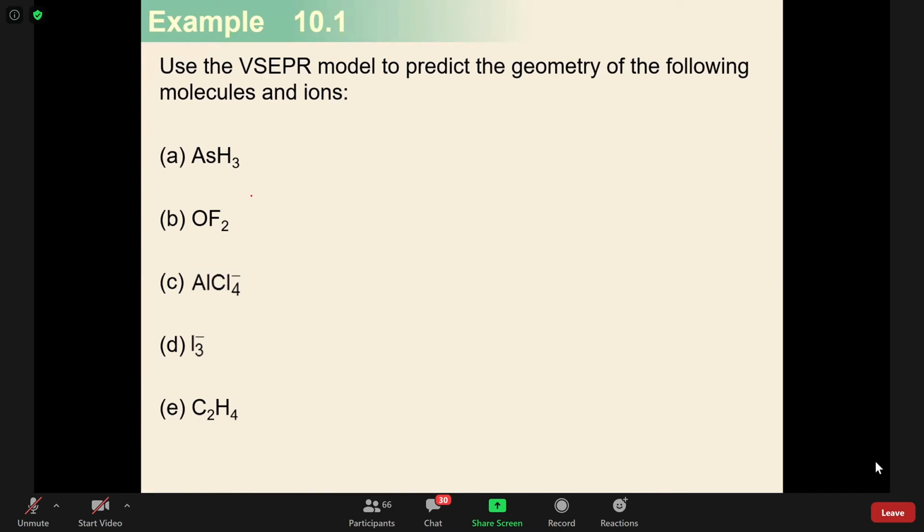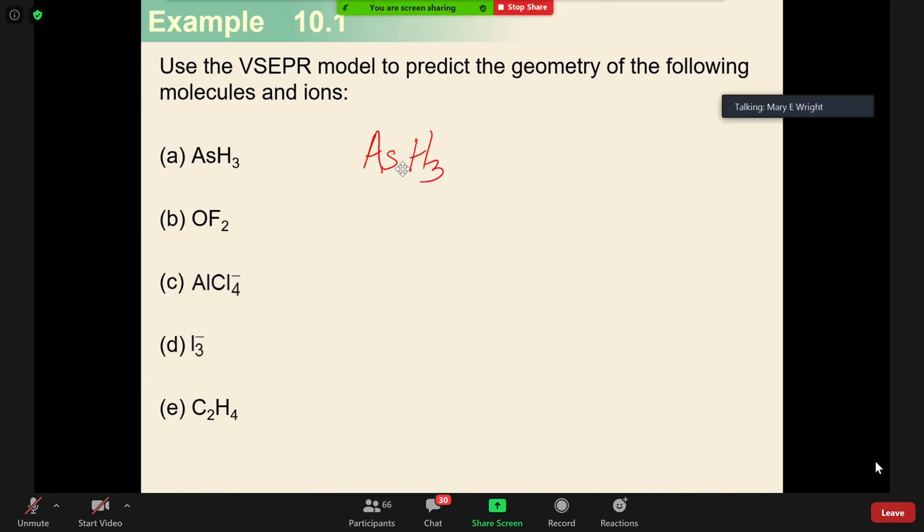So we could do this. I'm not going to do every one of these, but let's try to work out together what it would be for AsH3. Who can tell me what our skeletal structure is?